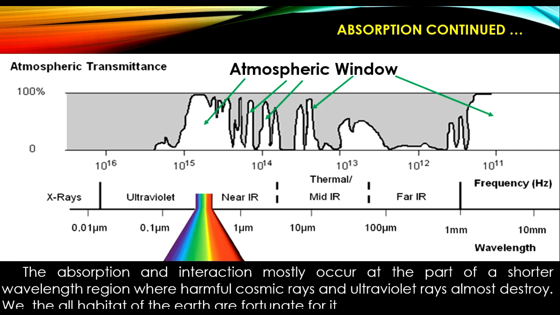In the parts of visible light, near infrared and mid infrared, atmospheric windows are present. The absorption and interaction mostly occur at the shorter wavelength region where harmful cosmic rays and ultraviolet rays are almost destroyed. We, all the habitants of the earth, are fortunate for it.